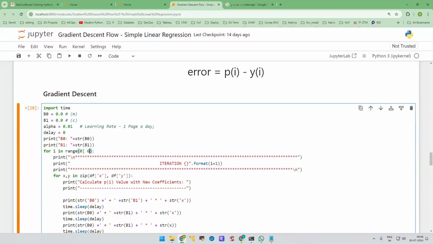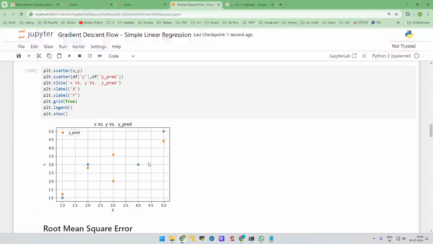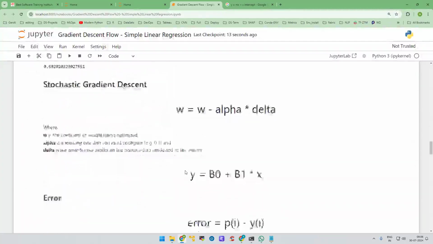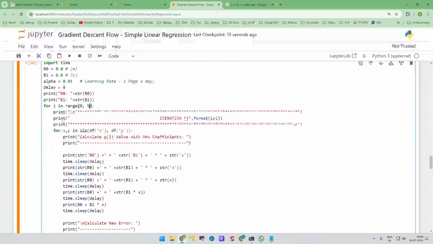So I can say that it's going to be 5 iterations. So 5 iterations in the sense, it's going to go through all the rows and then go back, all the rows again and go back, and so on. So 5 times it goes through all the rows. That is what this range does.